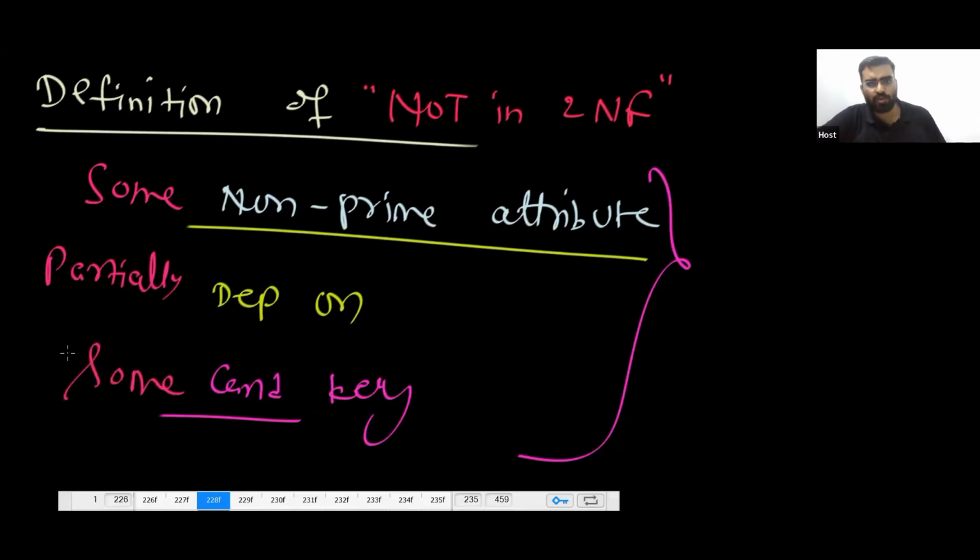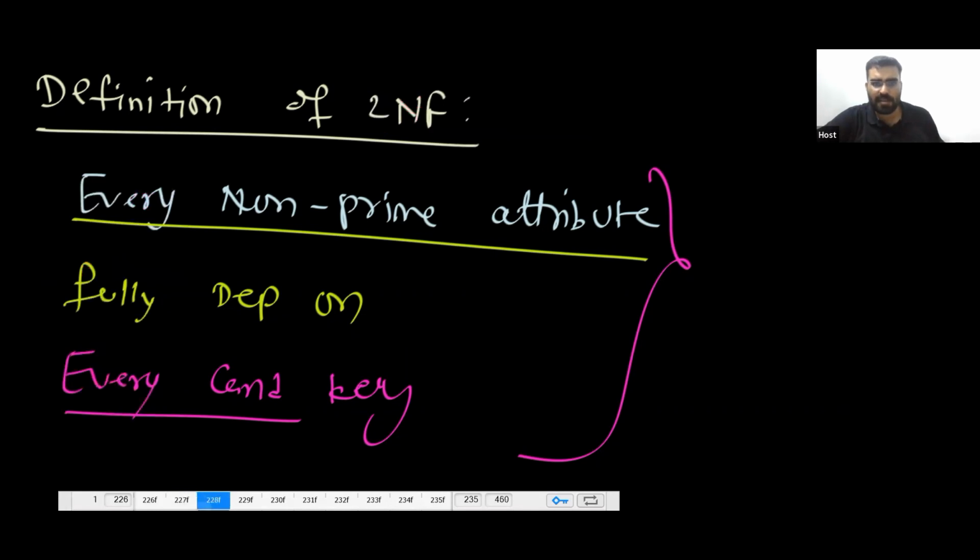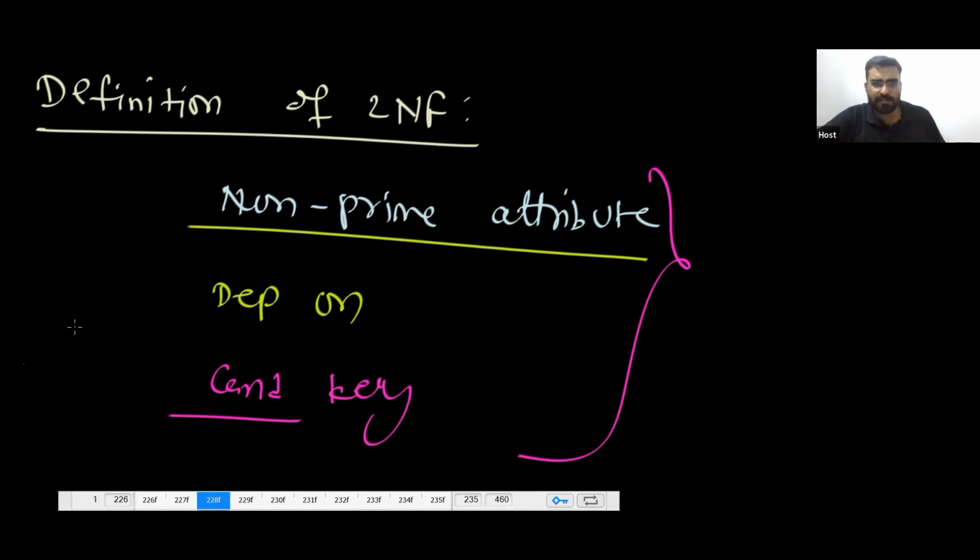This is the definition of not in 2NF. A relation is not in 2NF if some non-prime attribute is partially dependent on some candidate key. Is this clear? These are the definitions. Another definition of 2NF, I can say: no non-prime attribute is partially dependent on any candidate key.